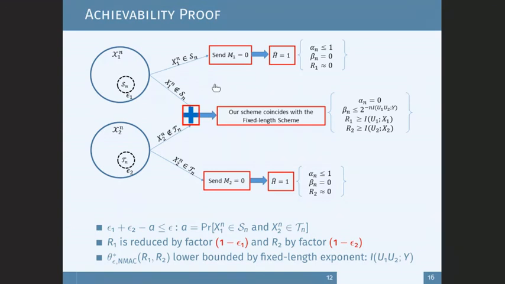So we can get only 1 minus epsilon 1 and 1 minus epsilon 2 gain, 1 minus epsilon 1 for the first link and 1 minus epsilon 2 for the second link, where epsilon 1 is less than or equal to epsilon and epsilon 2 is less than or equal to epsilon. So it's like less gain here for that length coding.